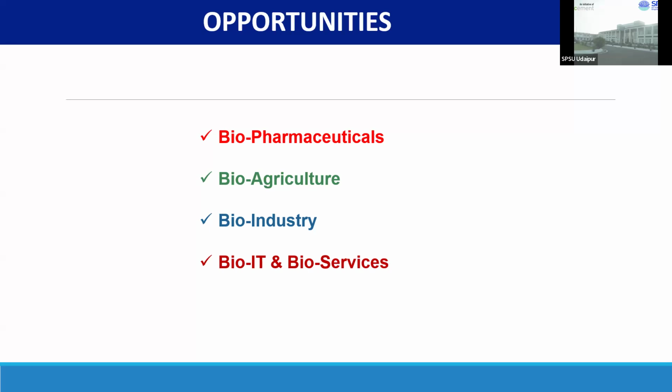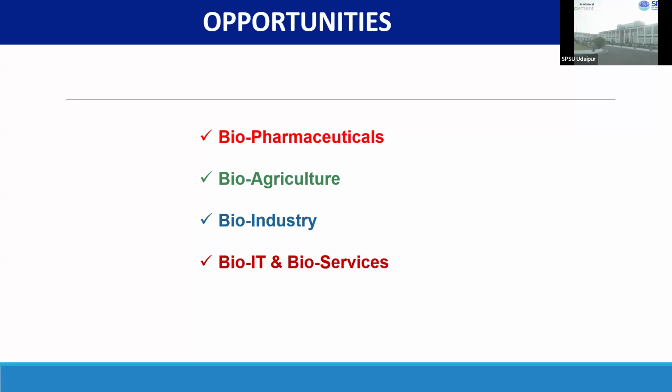So then, if you talk about bioagriculture, there would be companies like seed companies, where you are aware about Mahiko maybe, but there would be several other companies which are also working in the area of bioagriculture. There is Ankur Seeds, there are Mahiko Seeds, there is Bharat Biotech. There are other companies also which are the part of the bioagriculture.